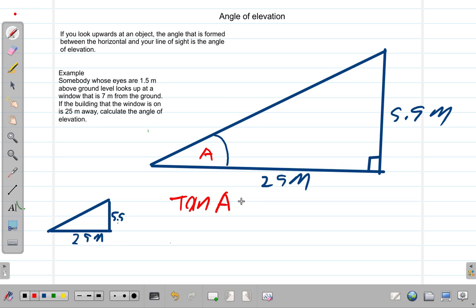Tan A is the opposite 5.5 divided by the adjacent 25.